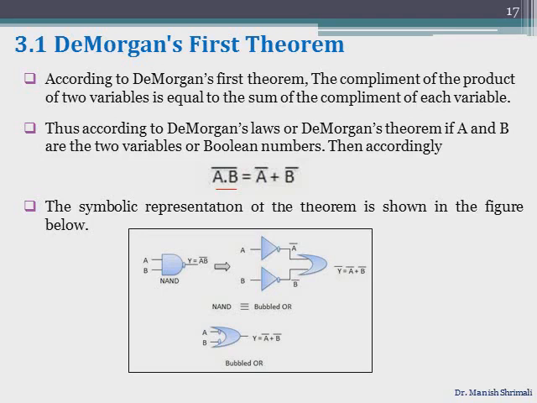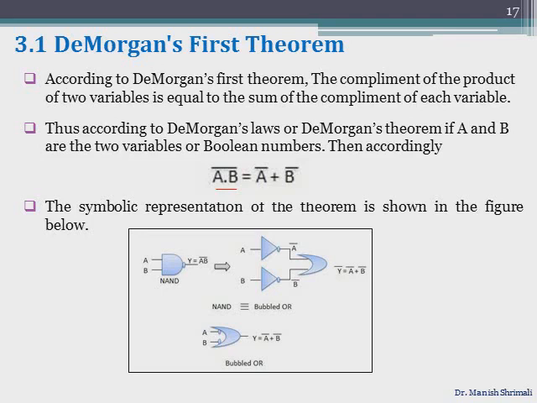That is, if you see over here, first you perform the multiplication and then take the complement of that, which is equal to first taking the complements of the variables and then adding them. So this is what the first theorem is. It says that the complement of the product of the variables is equal to the sum of the complements. This is what the first theorem is.